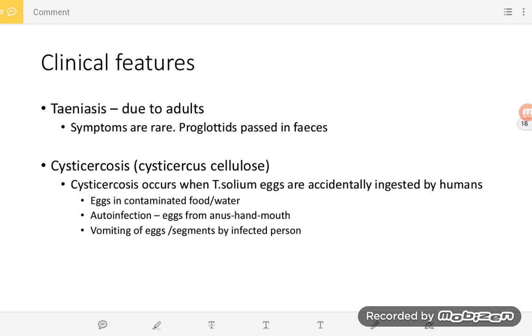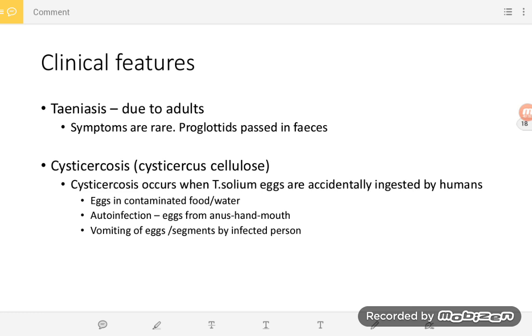So as a medical laboratory scientist or medical student, you should handle the sample carefully when you suspect Taenia species. If eggs are present, you may accidentally get infected. So when you are handling the sample, you have to wear safety measures. Eggs may be present in contaminated food, water, or foods.